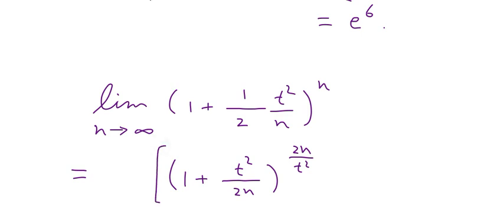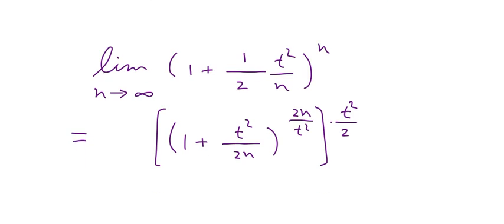But here the power is n, so we should multiply by t square over 2. So this limit equals e to the t square over 2.